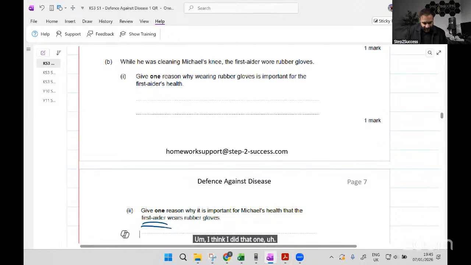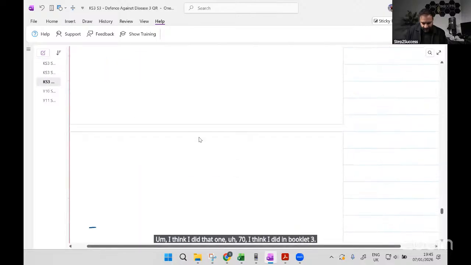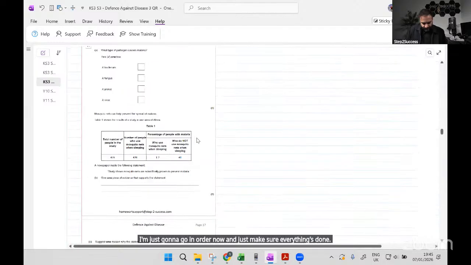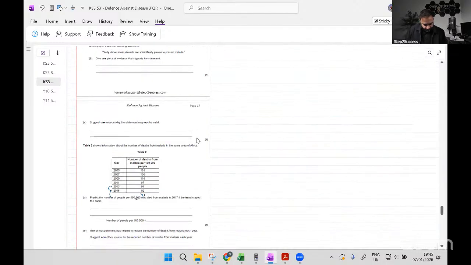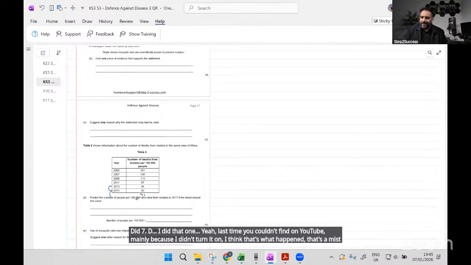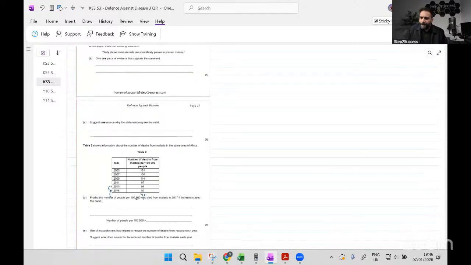7D, I think I did in booklet 3. I'm just going to go in order now and just make sure everything's done. Did 7D. Did that one. Yeah, last time you couldn't find it on YouTube mainly because I didn't turn it on. I think that's what happened. That's the mistake I made on New Year's Day. 7D, I think I've done now, haven't I?